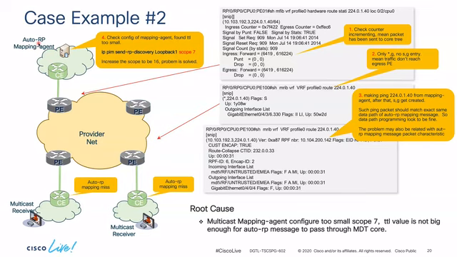So we then do some checking on the mapping agent configuration, and we found that the scope is 7. So it means the TTL is 7, which is not big enough for the packet to pass through such a big network. So we suggest increasing the TTL, the scope, to a bigger one, and after that, the problem gets resolved.